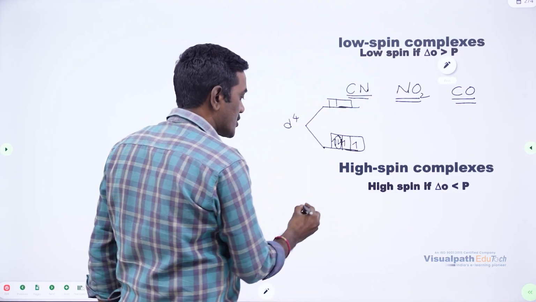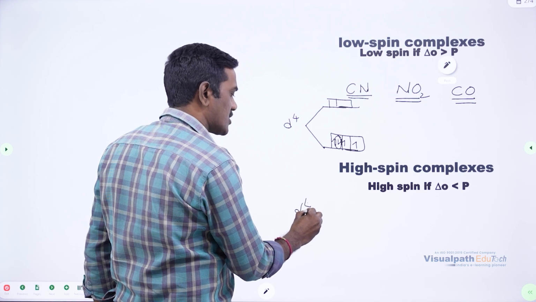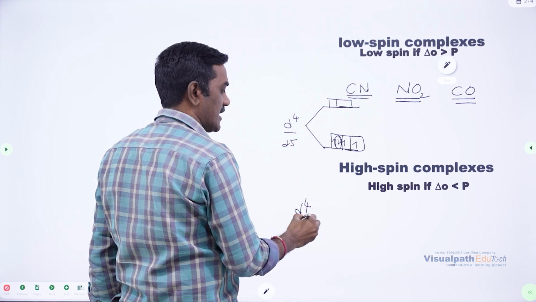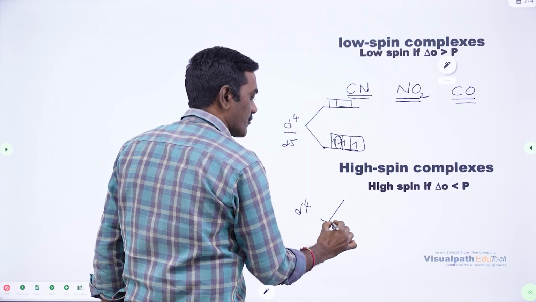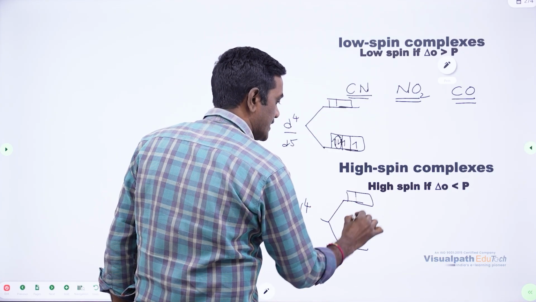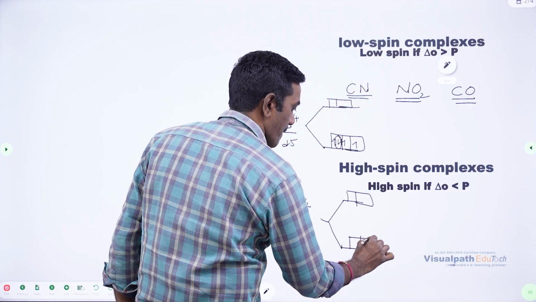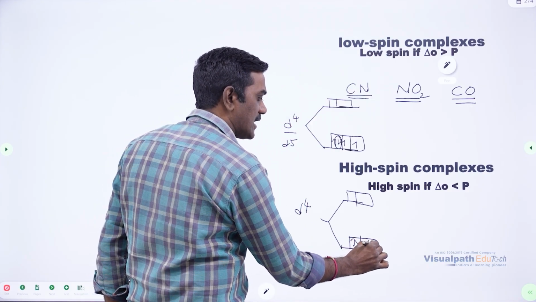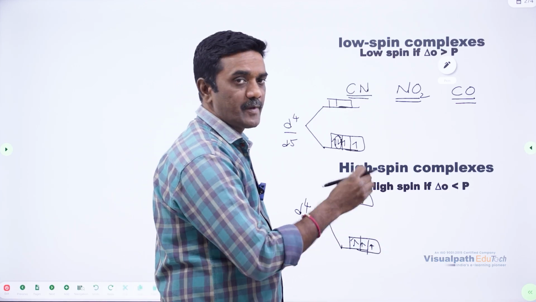The same applies not only to d4 but also to d5, d6, etc. Writing the d4 configuration in this format, with splitting here and here, the first three electrons fill the same way in both.